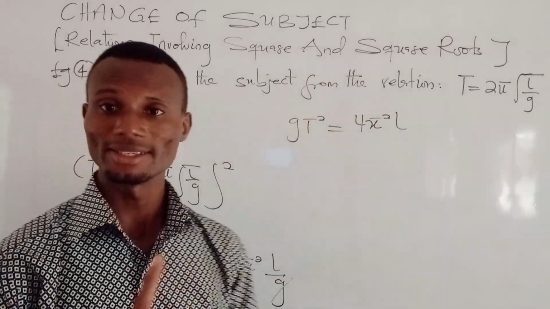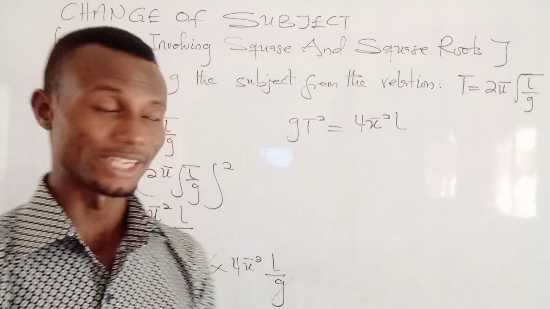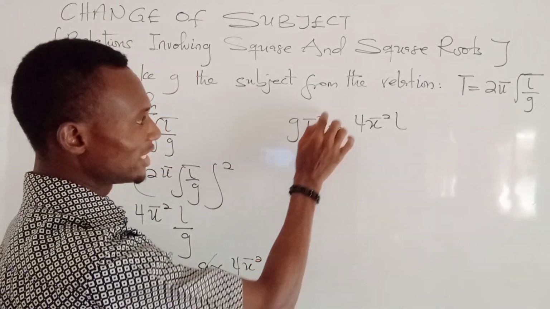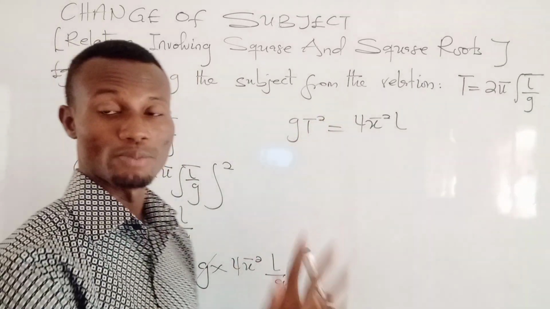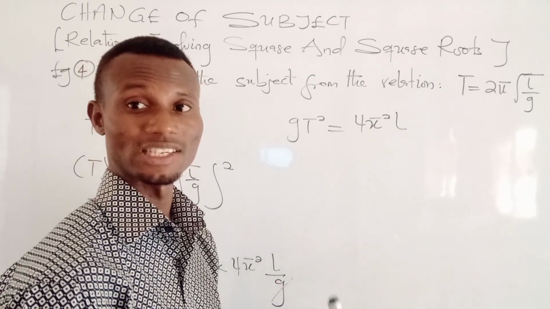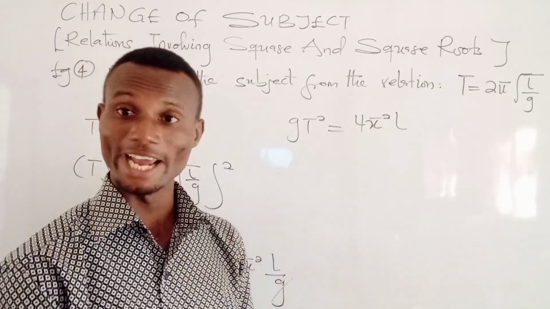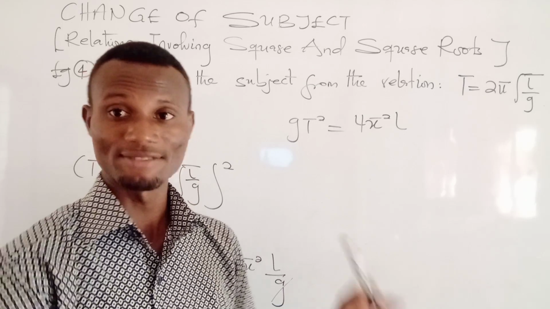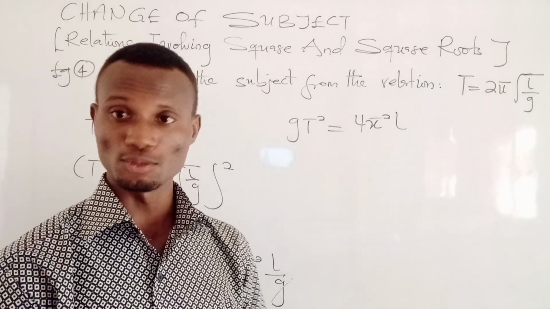And don't forget, it is G that you want to make the subject. So now we have T squared attached to the G that you want to make the subject. Making G the subject means that G is supposed to stand alone in the given equation. Everything which is attached to G, we have to move it away.